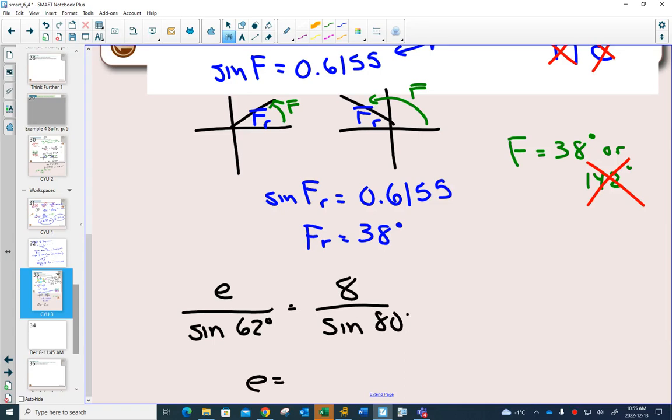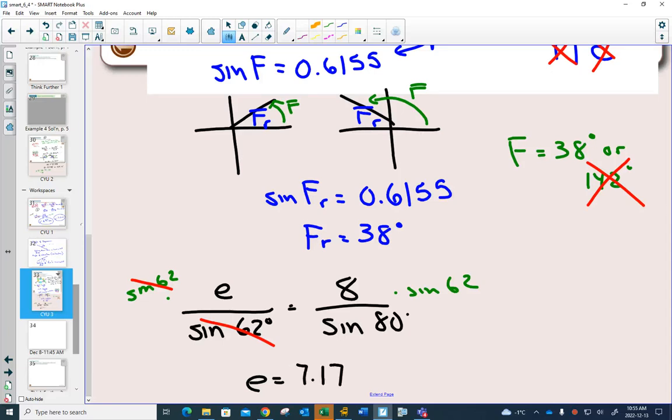So I can solve for e, multiply both sides by sine 62. These would simplify. 8 sine of 62 divided by sine of 80. And I get e is 7.17.